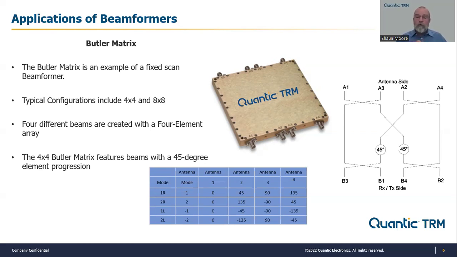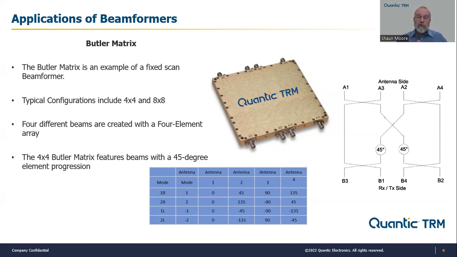These are really useful for a variety of applications if you're trying to limit the cost of a system and still have hemispherical coverage, as opposed to an active circuit. These do give you fixed beams as opposed to a beam that you can scan infinitely. So that is kind of a downside, if you will, of this technology.